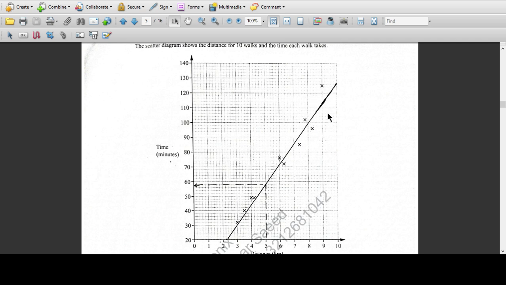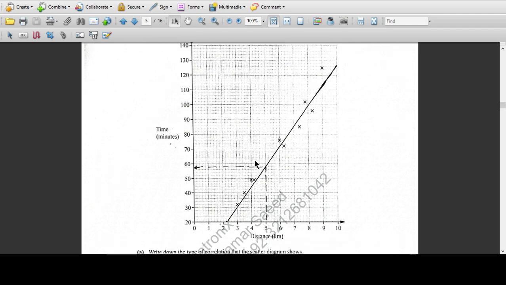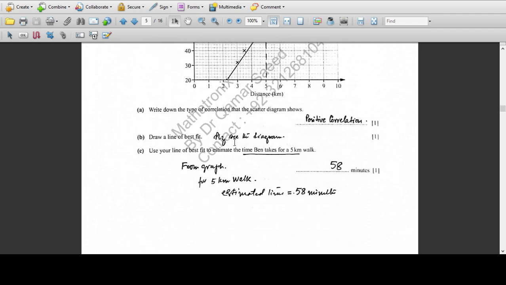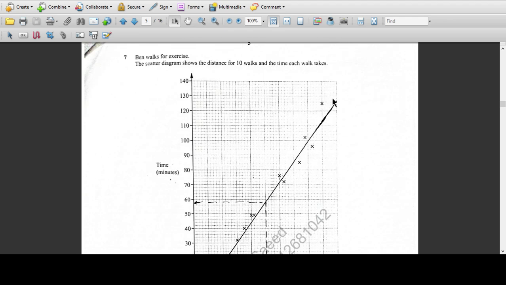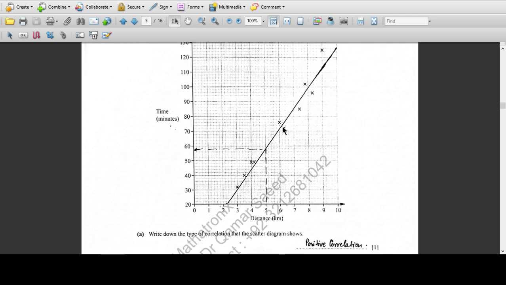It is close to all the points, and it reduces the mean square error. So this is part B. This is a straight line drawn which fits the data values in the best manner.